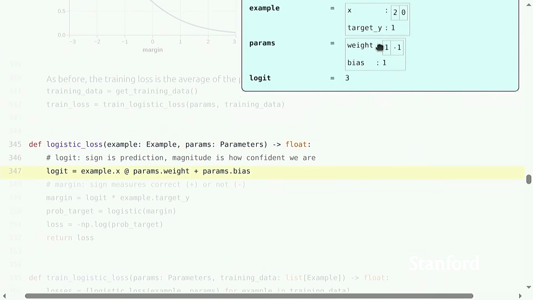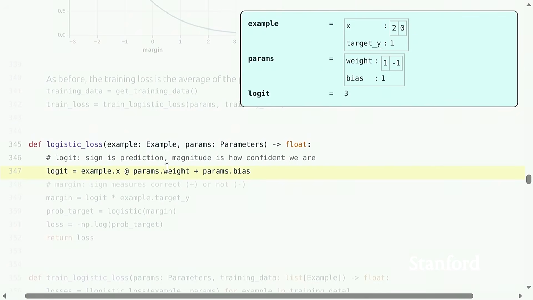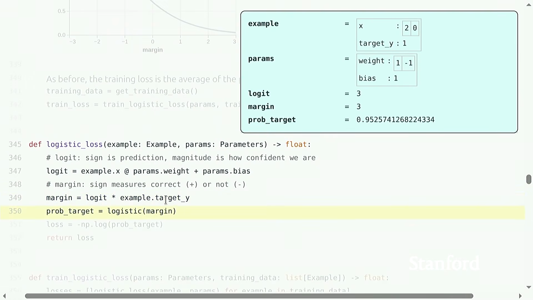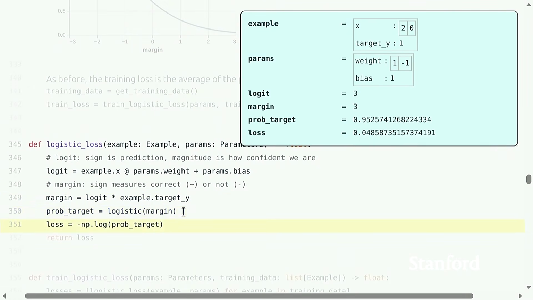And what I do is I compute the logit, where the sign is a prediction and the magnitude is how confident we are. Margin, the sign measures whether we're correct or not. The probability of the target is the logistic function applied to the margin. And then the loss is the minus log of that.